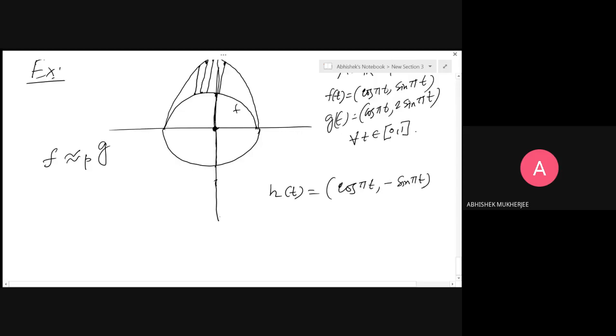But if you consider the whole plane R², then definitely F and H would be path homotopic. So there will be no problem with that.